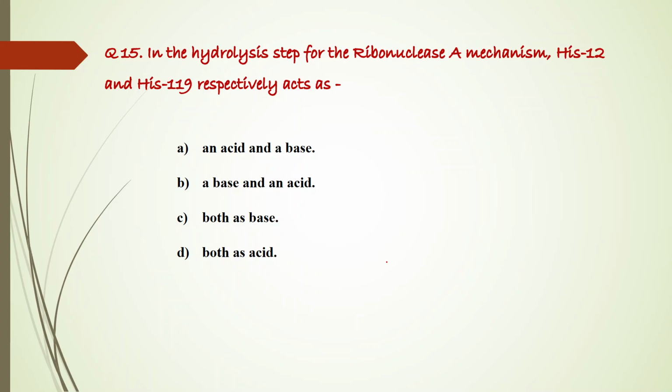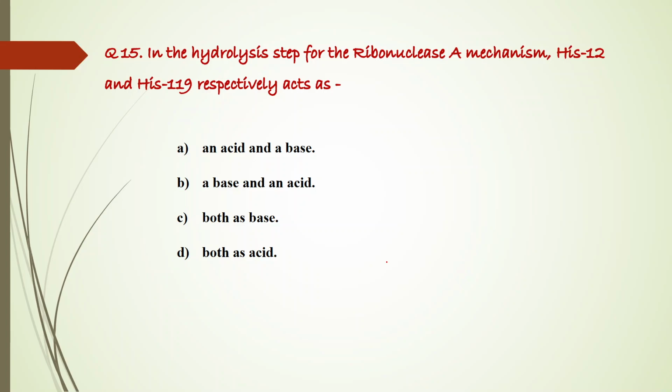These are the four options. We already know that in ribonuclease A, there are two histidine moieties at the active site, His 12 and His 119. What do they act as in the hydrolysis step?